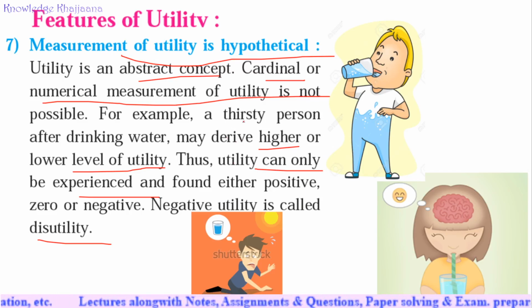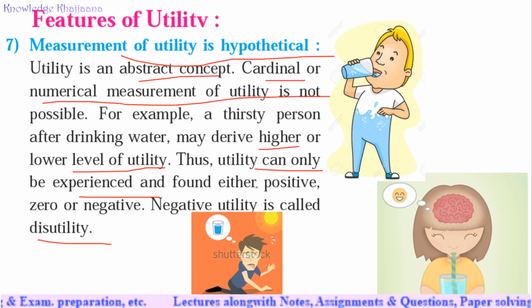Utility can be experienced. It depends upon the thinking of a person or consumer's mental attitude and assessment regarding its power to satisfy his particular want. Why? See, there was power to satisfy the thirst of this person. What was the power? In the glass of water, there was a power to satisfy the thirst of this person, right?